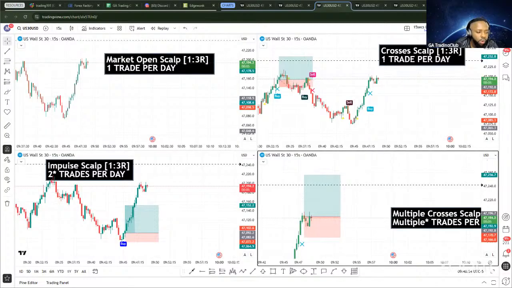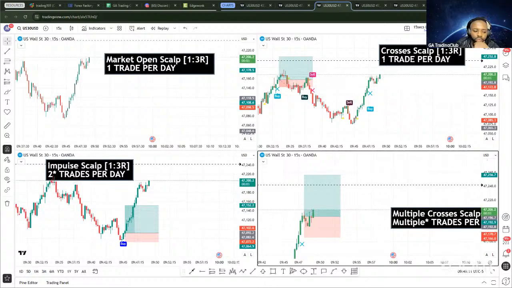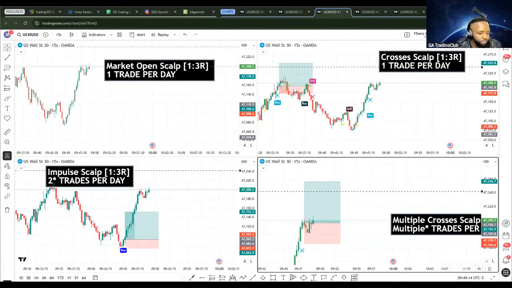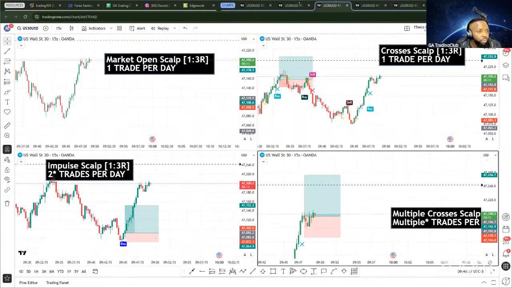Overview. Impulse, market open. Hmm. All right.